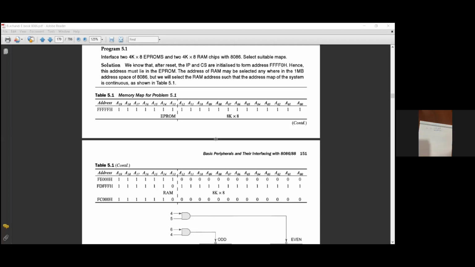Am I right? Yes, sir. It is nothing but a ROM, and 2 4K into 8 RAM.